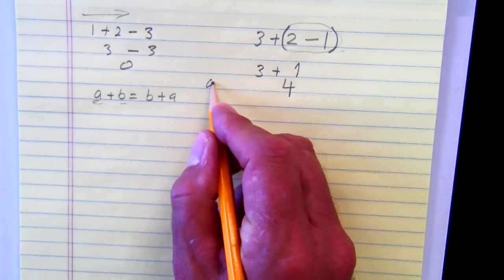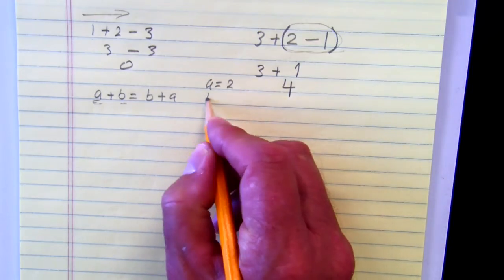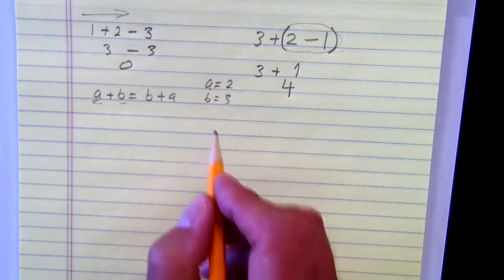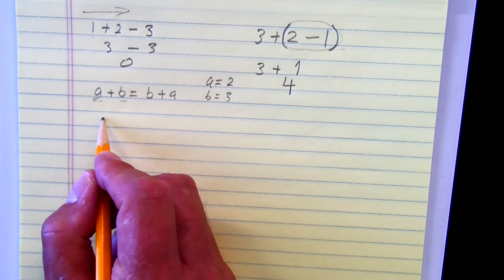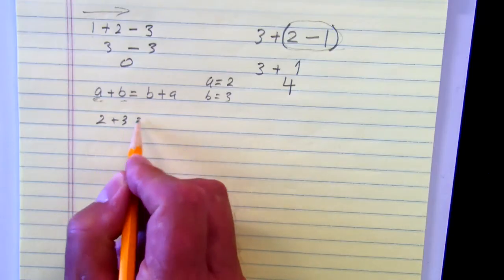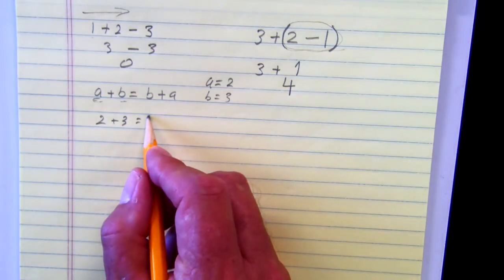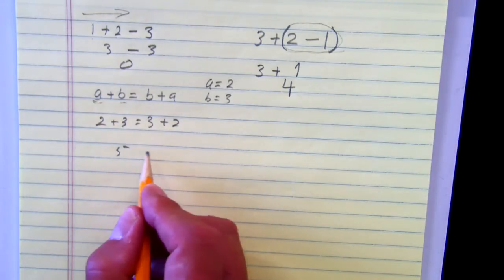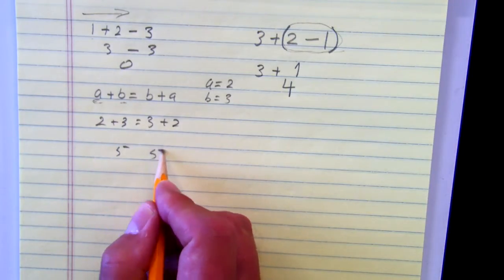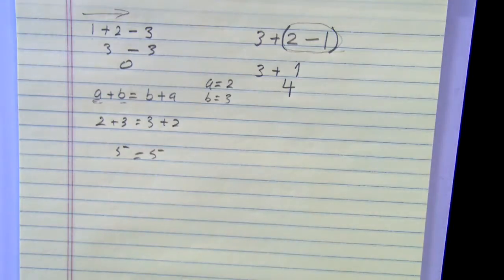Let's set A equal to 2, B equal to 3. 2 plus 3, is it the same as 3 plus 2? 2 and 3 are 5, and 3 and 2 are 5. So we've proven to ourselves that they are the same.